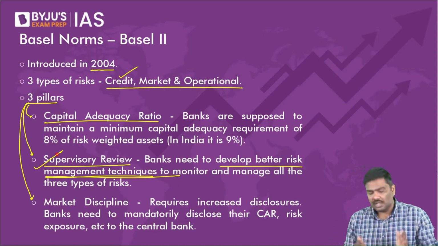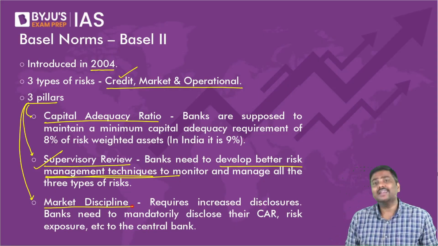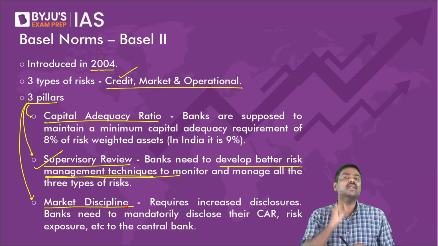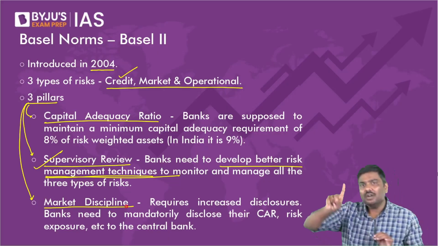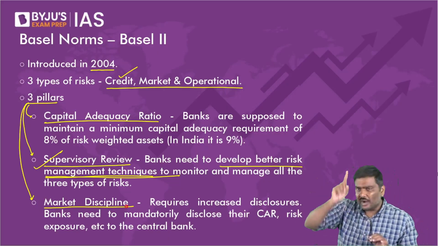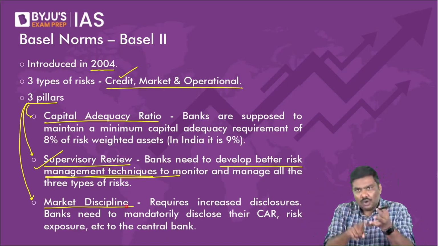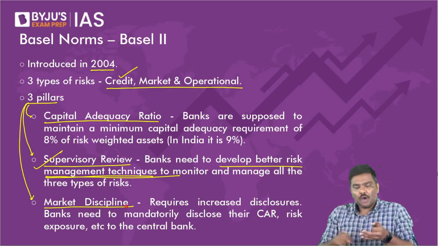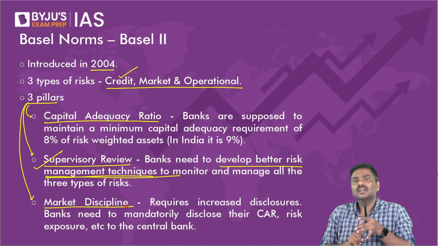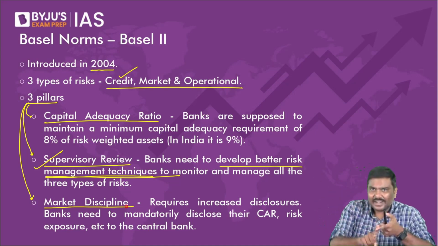And the third one is market discipline. What do you mean by market discipline? All the banks should report whatever they are doing, how many loans they are issuing, how many of them are risky loans, how much is the risk weighted asset, how much is their credit risk.